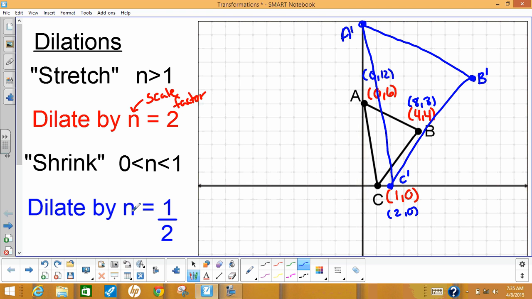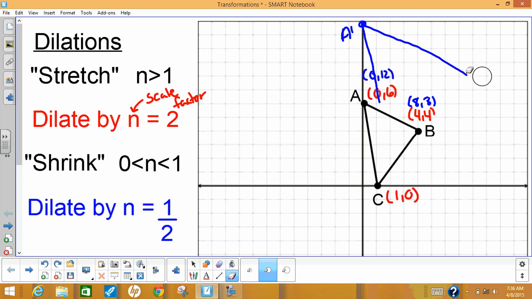We can do the same thing with a shrink. A shrink is going to be a scale factor greater than 0 but less than 1, so it's going to be a fraction. And you might already guess that when we shrink a figure, we're going to make it smaller. So let me just get rid of the stretch.